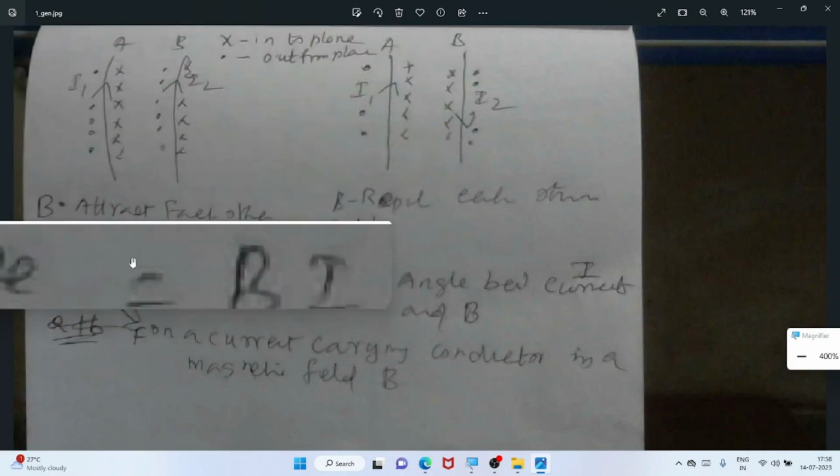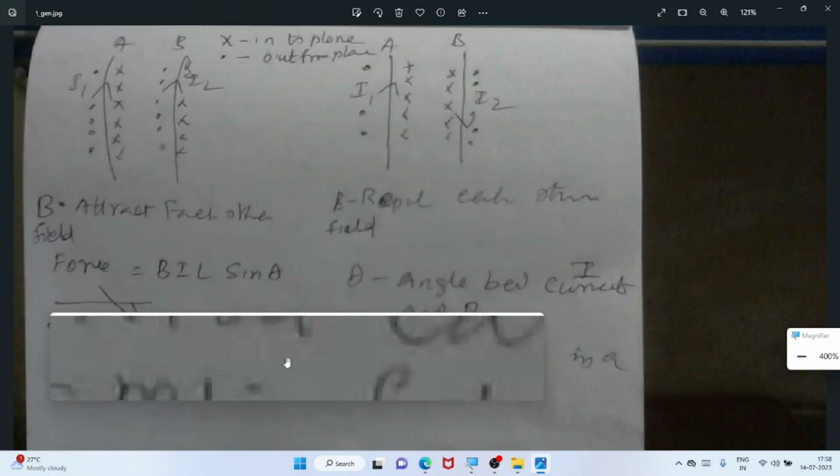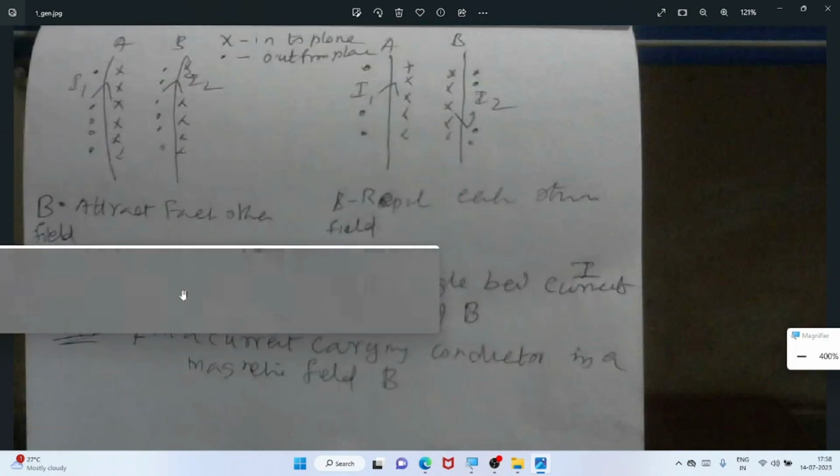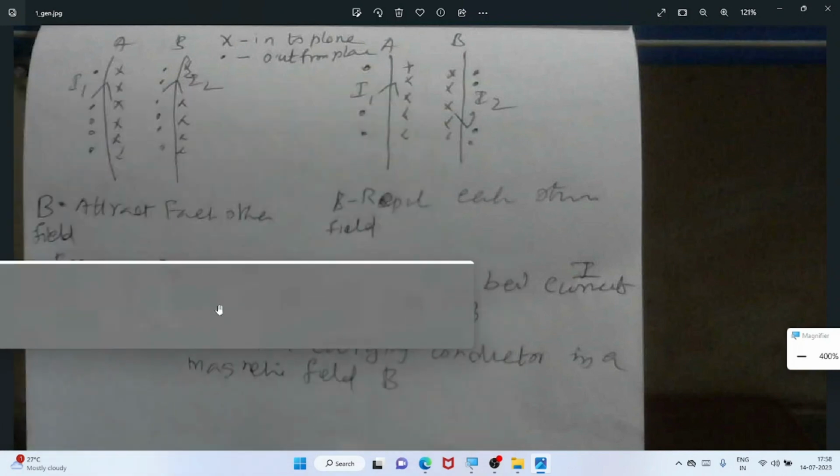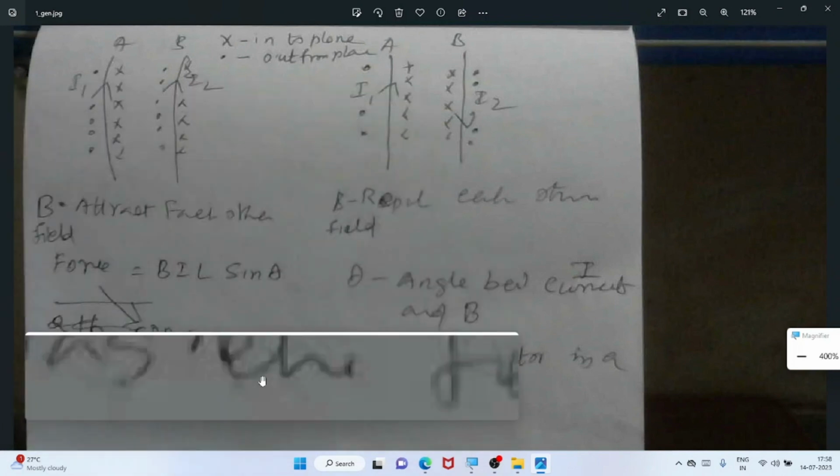So these two conductors will attract each other because of these opposite fields. They attract each other when the current is flowing in the same direction.